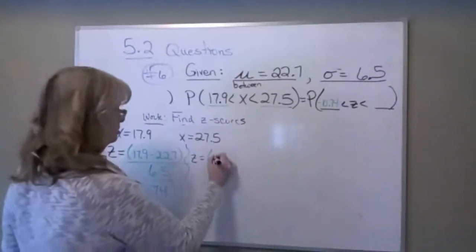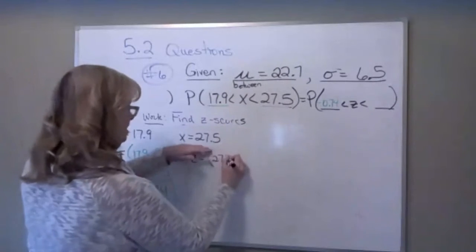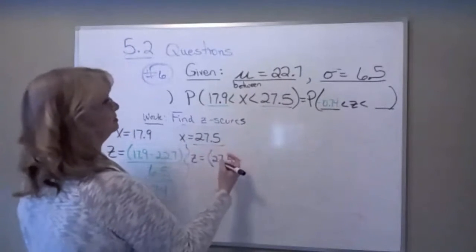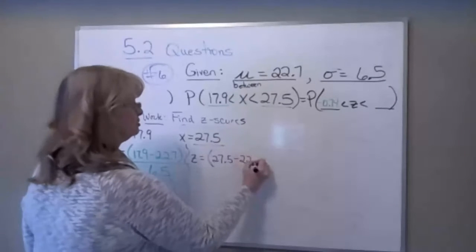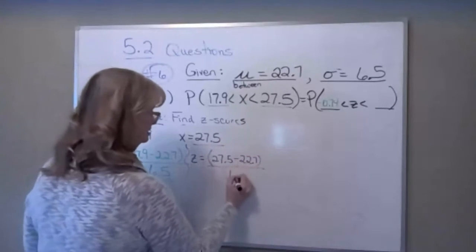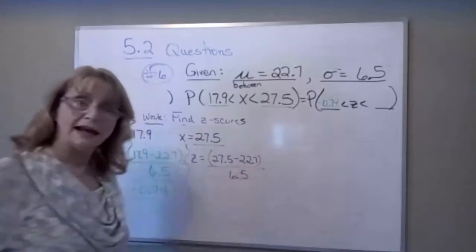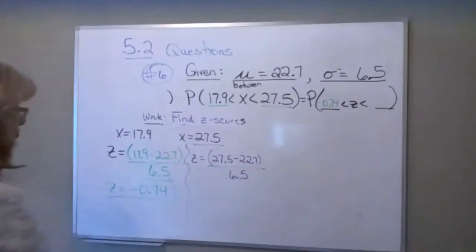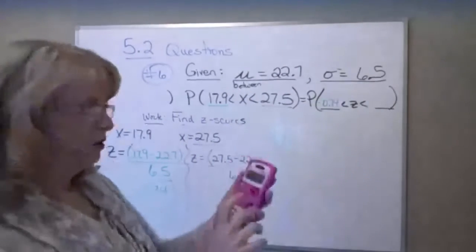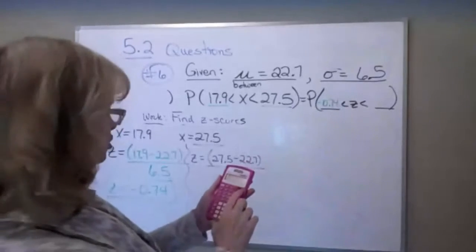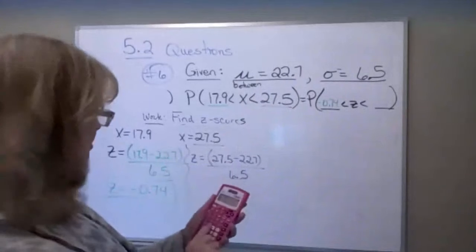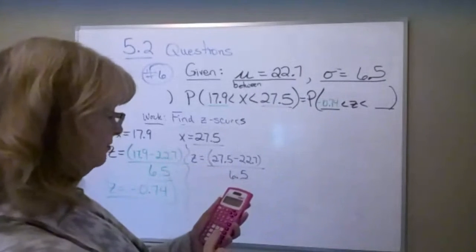So this one, we're going to have 27.5. Remember, this is the second one that we need to do, minus 22.7 divided by 6.5. Now, if you have an editable calculator, like the one that I've shown you, then I can actually just arrow up and change the 17.9 to a 27.5, and that'll be a little faster.